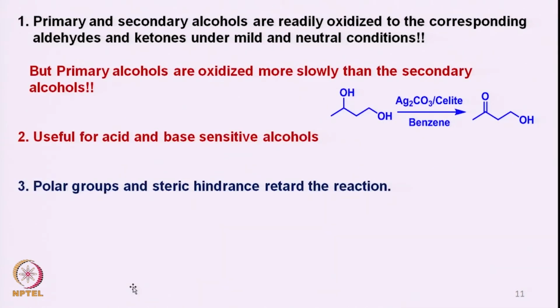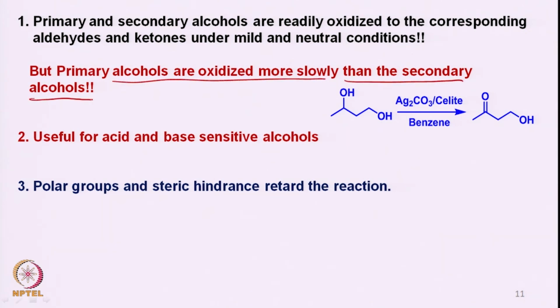As I mentioned earlier, primary and secondary alcohols are readily oxidized to the corresponding aldehydes and ketones under mild and neutral conditions, but primary alcohols are oxidized more slowly than the secondary alcohols.